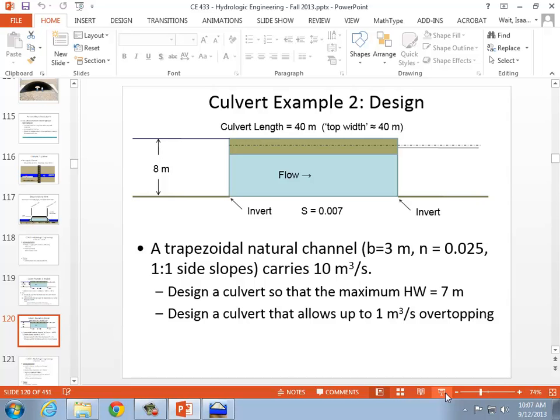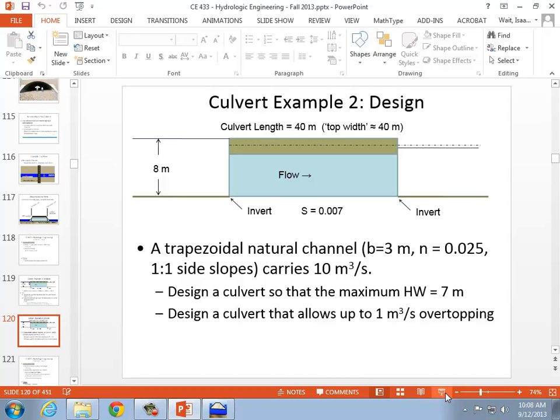The front view for the example we just worked was some channel that was 5 meters wide, and we had a rectangular box culvert that was 1.5 meters by 1.5 meters. And I said that the elevation here was 100.28 meters. This was our front view, and then we just arbitrarily set this elevation equal to, I think, 105 meters, and that made the weir length also 5 meters since it was a rectangular channel.